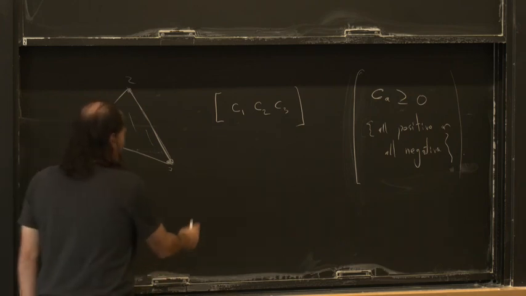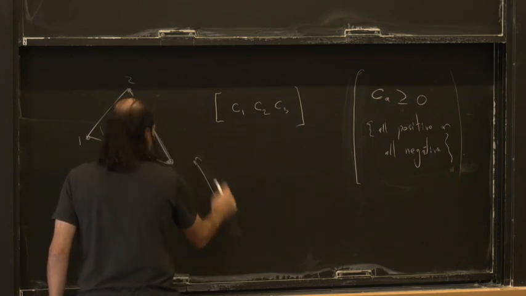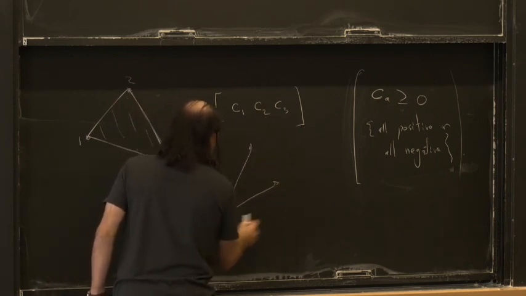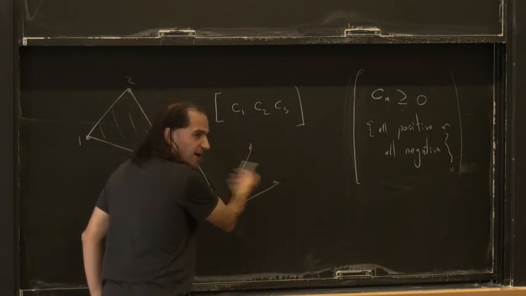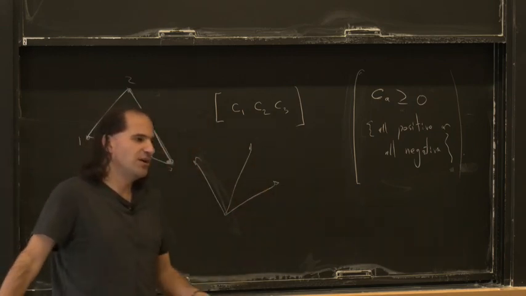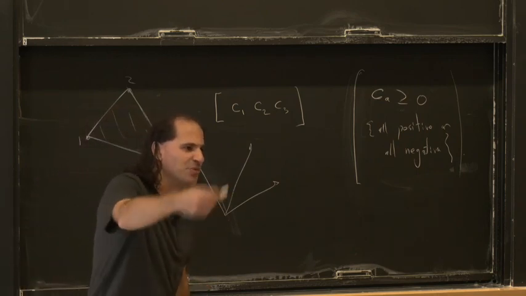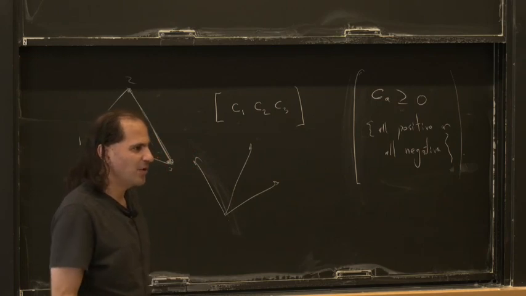If you like, we're really thinking about the space of lines through the origin. So I have these lines 1, 2, and 3, and I'm thinking about everything that's inside this cone. If I think projectively, the whole beauty of it, as we saw before, is that it automatically divides by C1 plus C2 plus C3 for you.